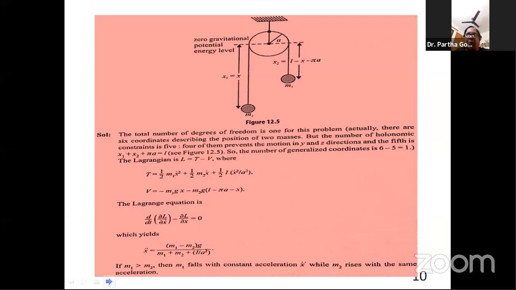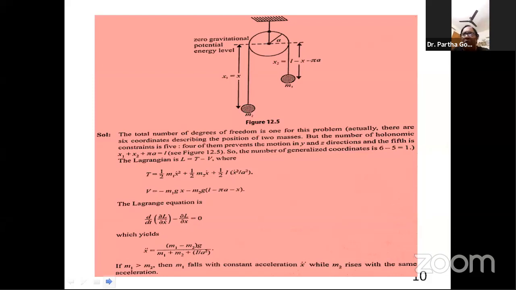So we go back to our 10th slide, wherein we have the Atwood's machine, and I have the massive pulley. I know how to do this problem within the framework of how to solve a rigid body problem.